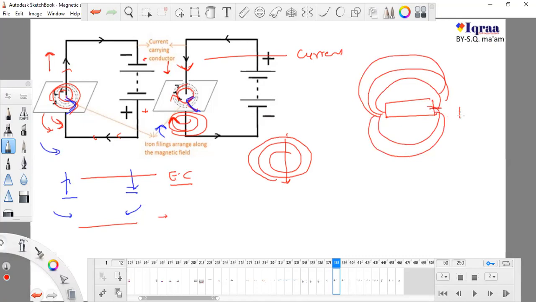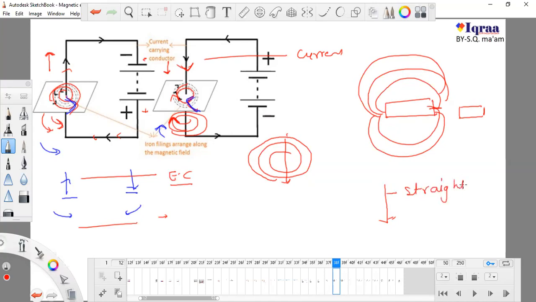This is a bar magnet. Now this is an electromagnet, and it will also create magnetic field lines, but this is this type of conductor. This is known as a straight conductor, because it is straight.